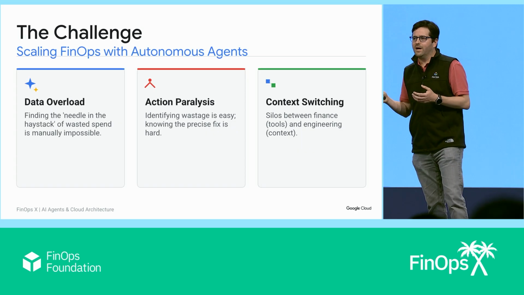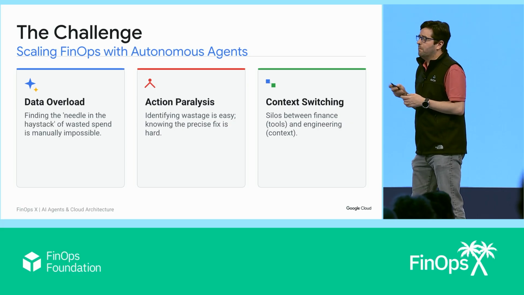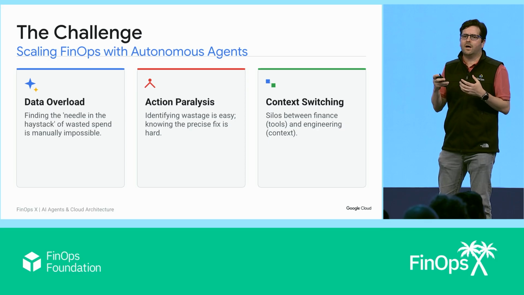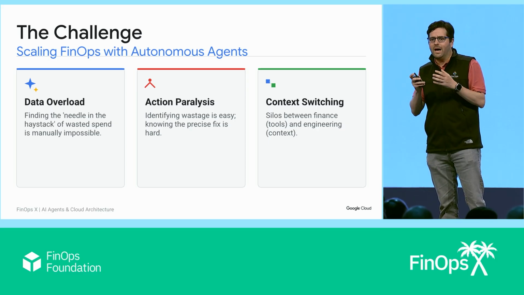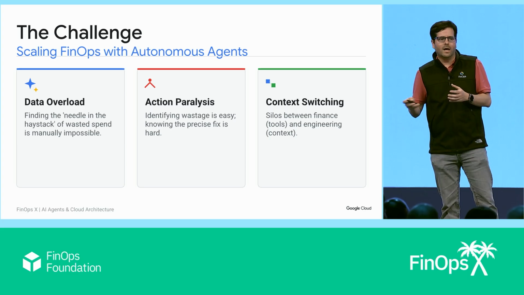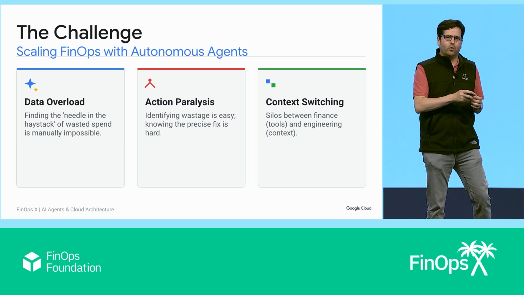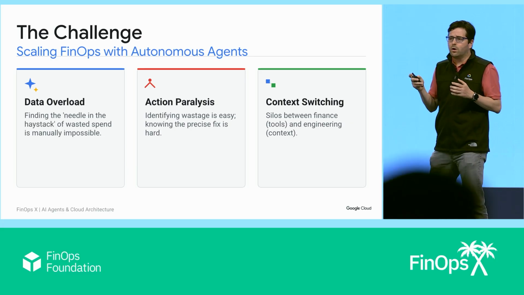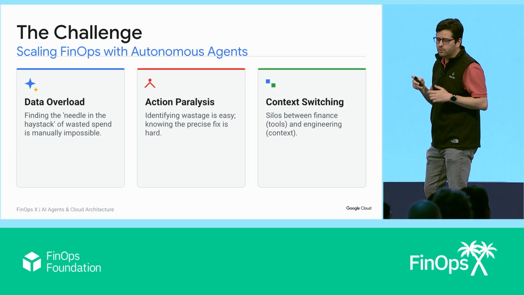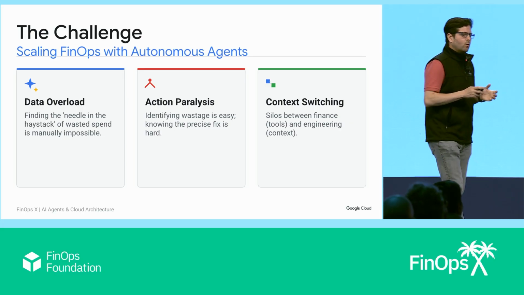So what is the challenge? What are we trying to solve with this agent? As I mentioned, David and I work with customers, and our daily job is to work with all of you to understand what problems you are solving, how you are solving them, what tools you are using, and identify the breakpoints and the friction, and then build to remove that. When we talk with customers about cost optimization, three patterns emerge, and they are always the same.